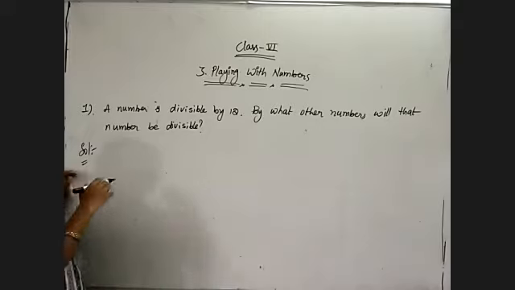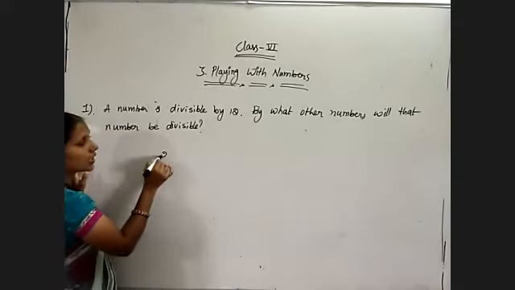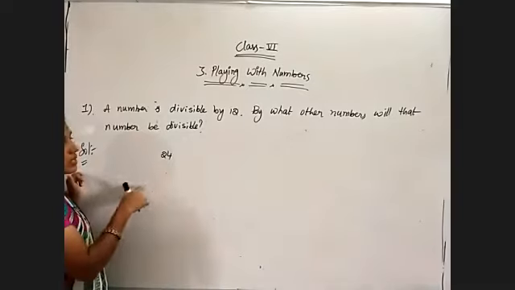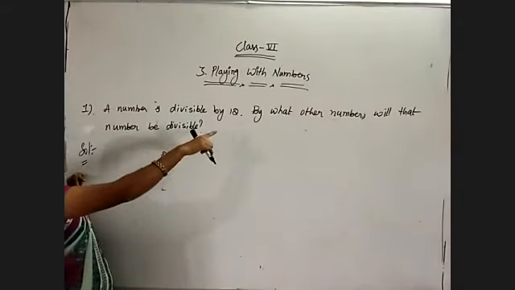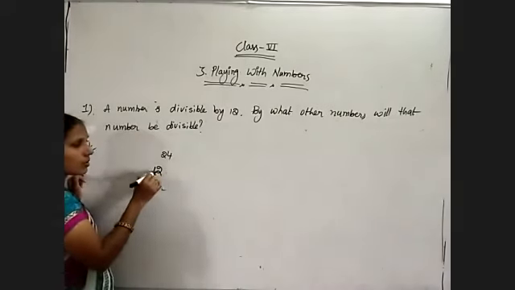Okay, they are given that one of the numbers is divisible by 12. For suppose 24 I am taking. 24 is divisible by 12, yes or no? Now, by what other numbers will that number be divisible? So it is divisible by 12.